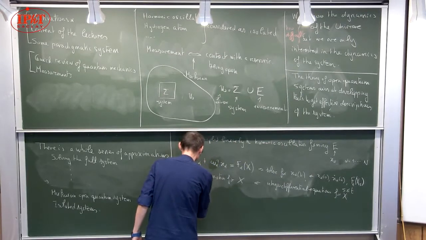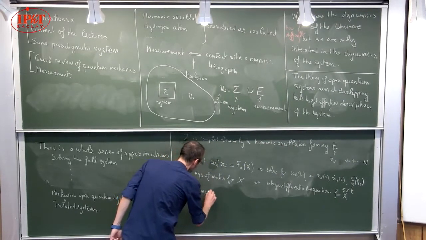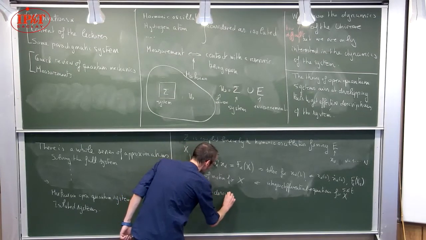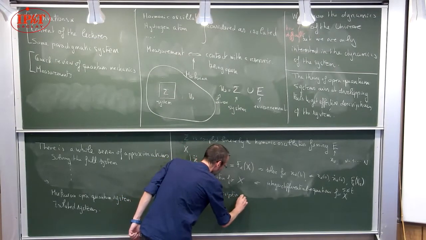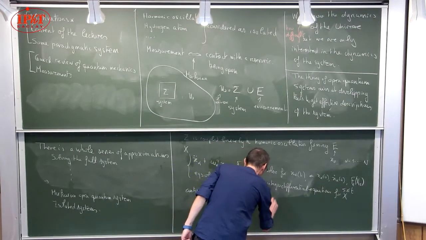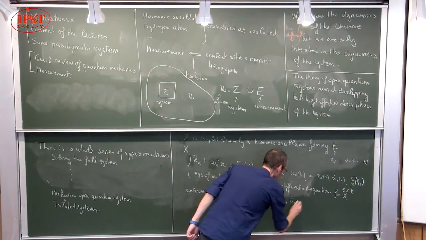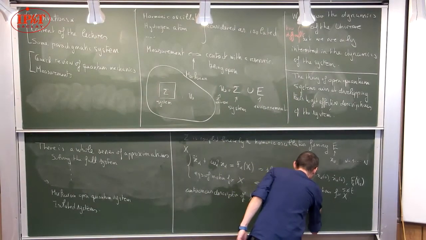So we have an autonomous description of X alpha of t, but in terms of the full past of the system.